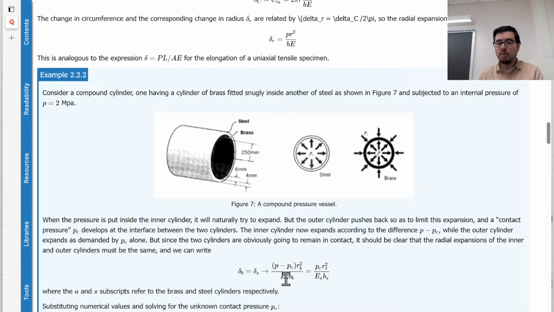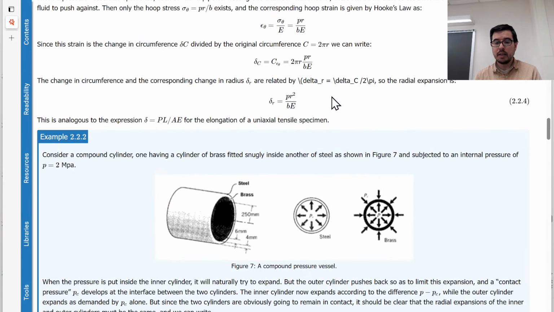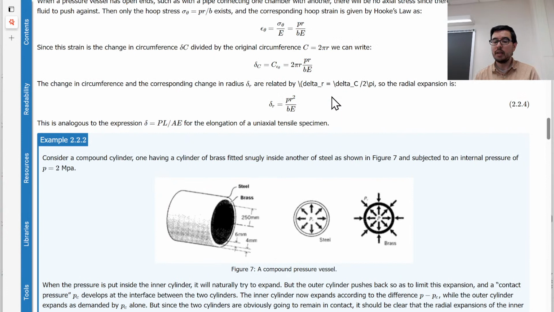And what we can also do is think about the strain, or the displacement, between those two, and it has to be the same at that interface. So at that interface, the elongation of the circumference is going to be the same for both of them.